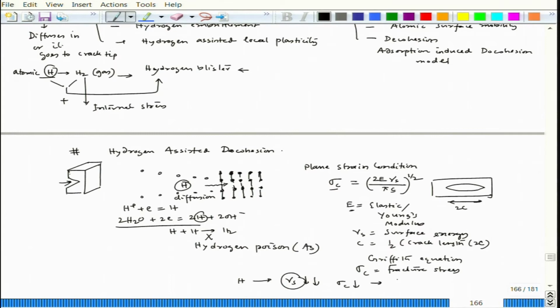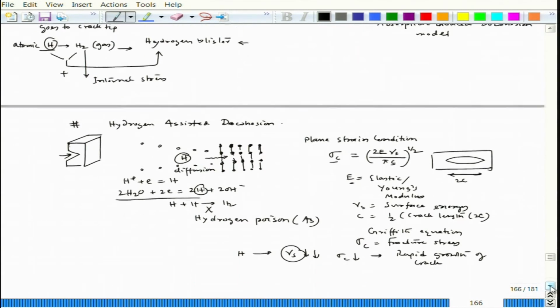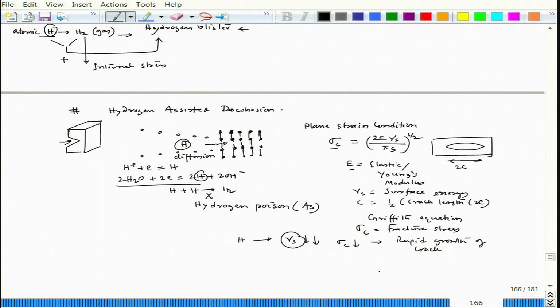That would lead to a rapid growth of crack. Okay. And this happens because the stress required for failure of that material occurs at a much lower stress.